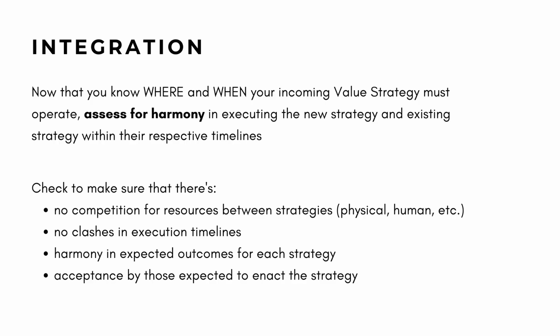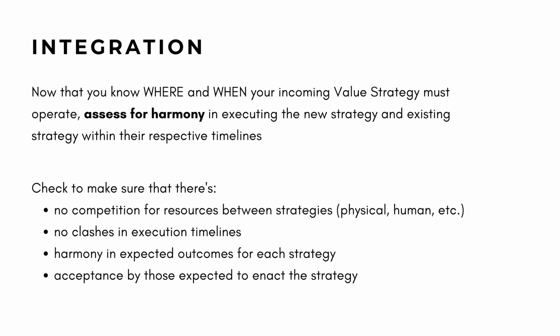Finally, the integration process itself. Now that we understand exactly when and where our incoming value strategy must sit and operate, we must now assess for harmony between those new strategies and the existing strategies within their respective spaces.